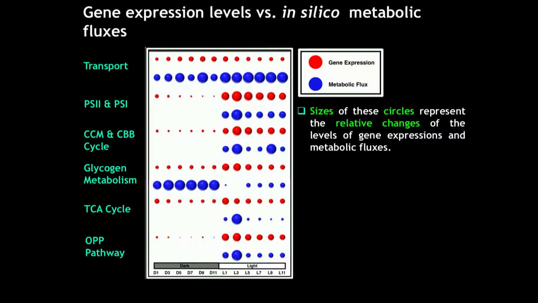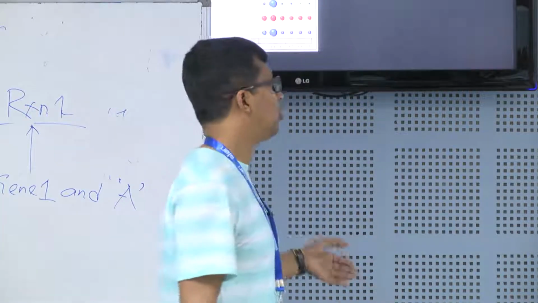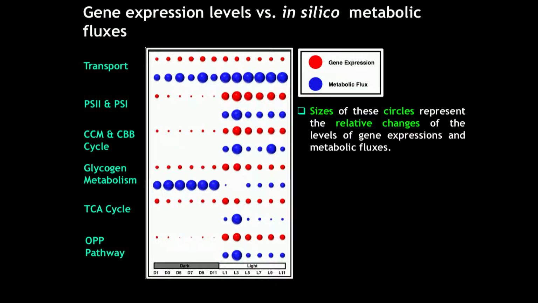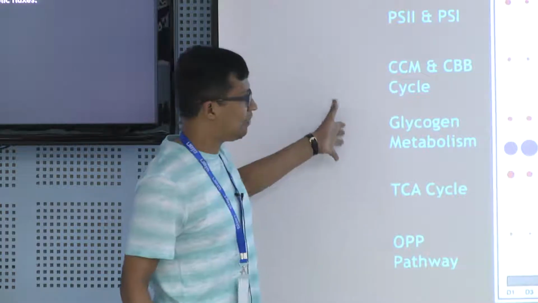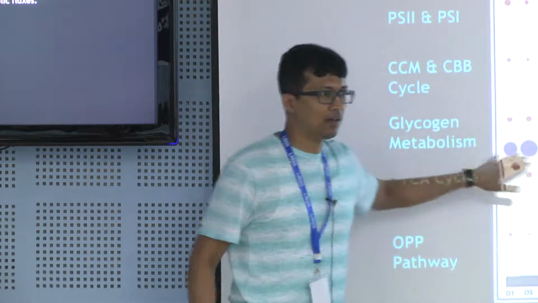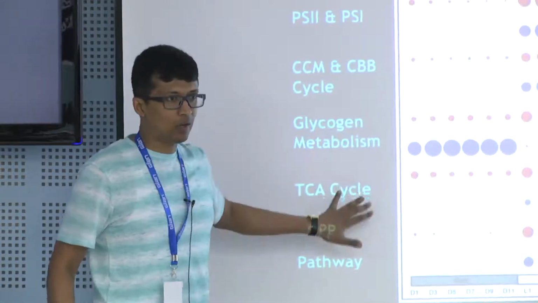As I said, we didn't stop at just analyzing the gene expression. We used our model, and if you look at these circles, they represent the flux and the gene expression for a specific pathway, not the reaction, but the pathway. So you see transport, photosystem 1 and 2, glycogen metabolism. Most of the time, although the sizes are different, they correlate quite well.